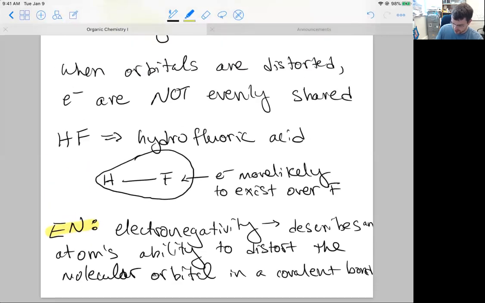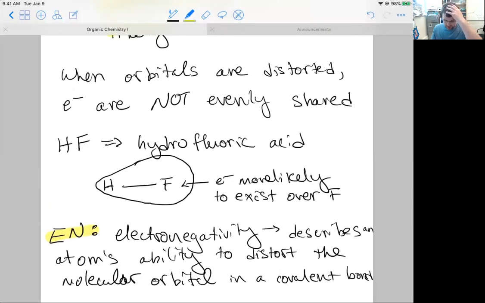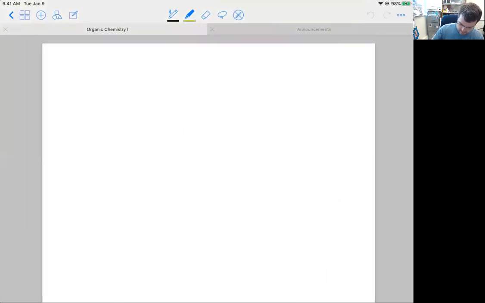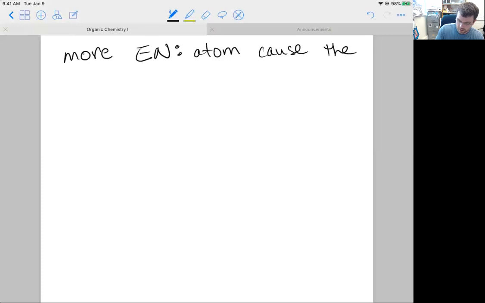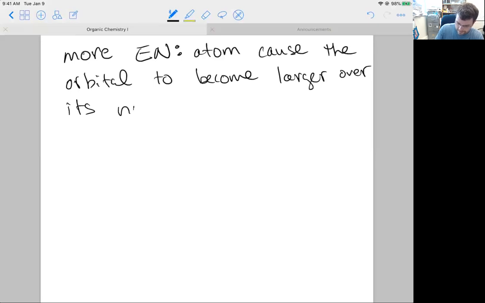So there's the definition of electronegativity. This is a property of an atom and describes how well that atom can distort a covalent bond. When an atom is more electronegative, the atom will cause the orbital to become larger over its nucleus.